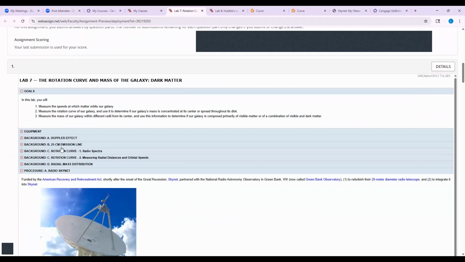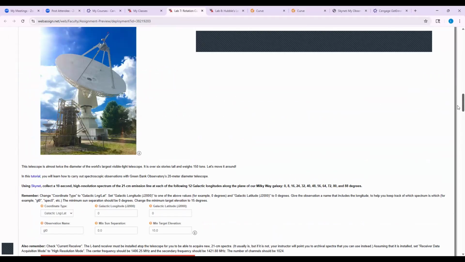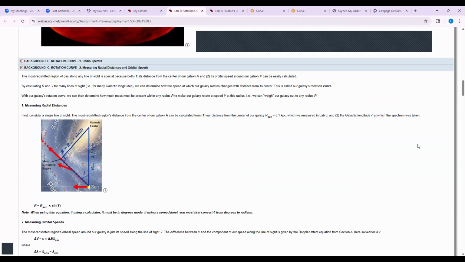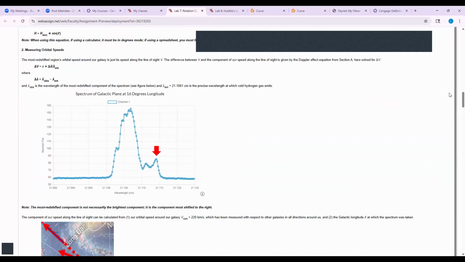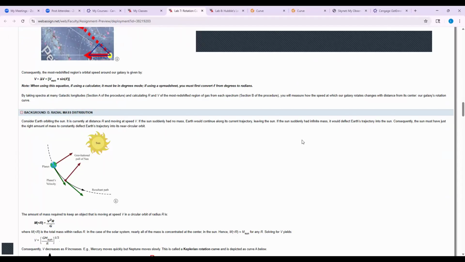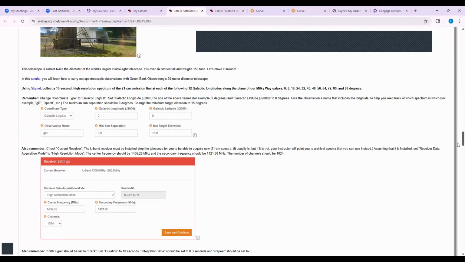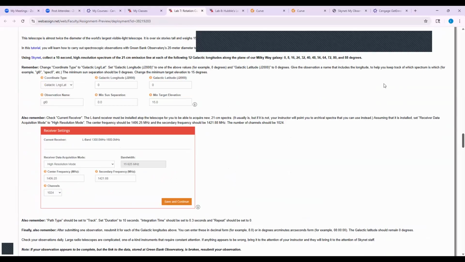Let me see where it was, redshift, and here, formula. As you see here, we calculate the redshift, and then at the end, we calculate the different values.